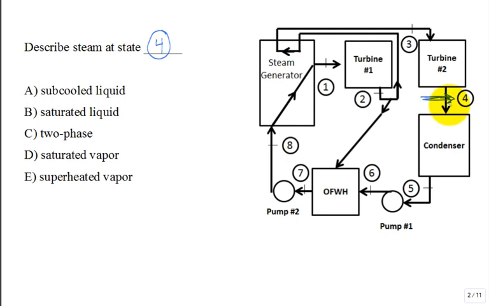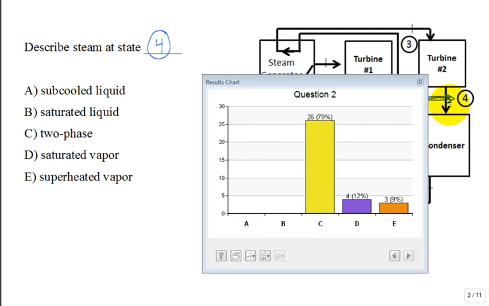Subcooled liquid, saturated liquid, two-phase, saturated vapor, or superheated vapor? And we'll show the results. So a lot of people believe that it's two-phase, and that's right. You typically want it to be a very high quality, but you do want to dip into that dome for that state at 4.